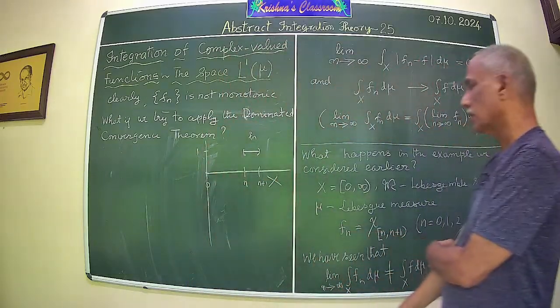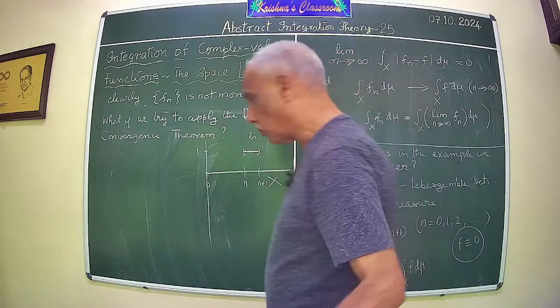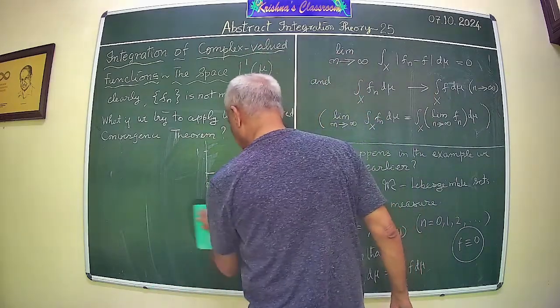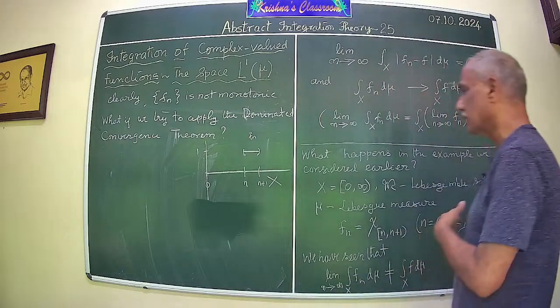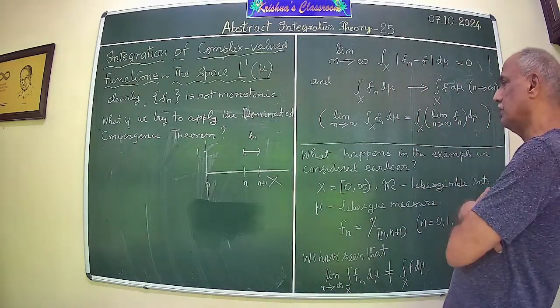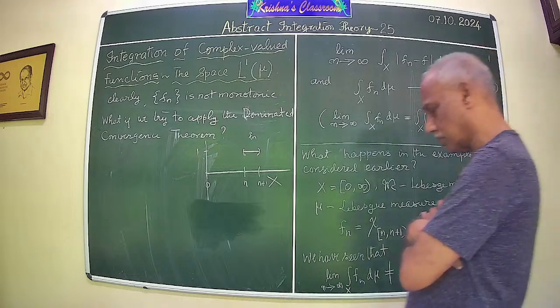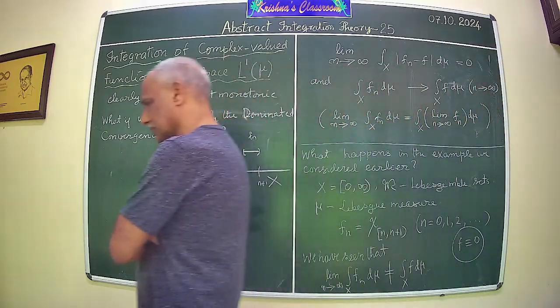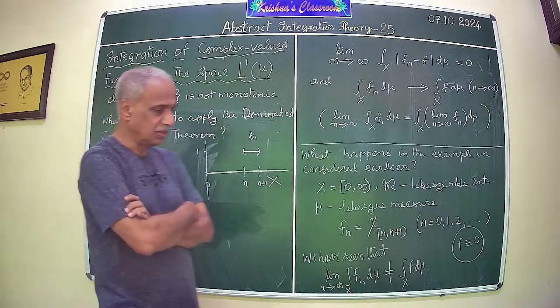That's why Fn is not monotone. But what happens if you try to apply the dominated convergence theorem? Of course, it does not matter whether the functions are monotonic or not. So that aspect does not bother you.